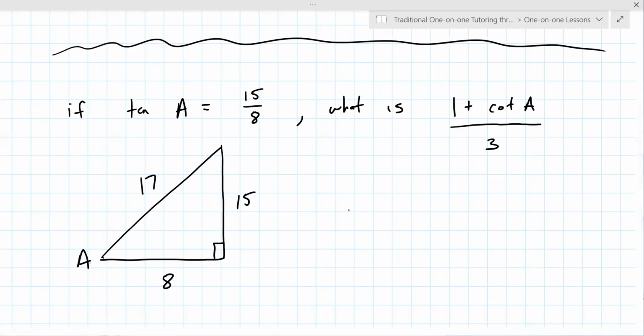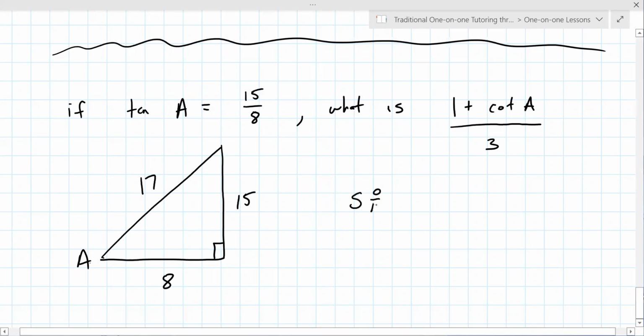No. Okay, so I'm hearing a bit of the mistakes you can have early on in these problems. So sine is opposite over hypotenuse, cosine is adjacent over hypotenuse, tangent is opposite over adjacent. To me, this is opposite. The word adjacent means next to.